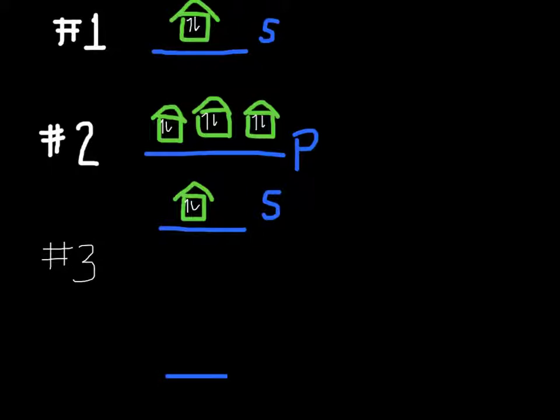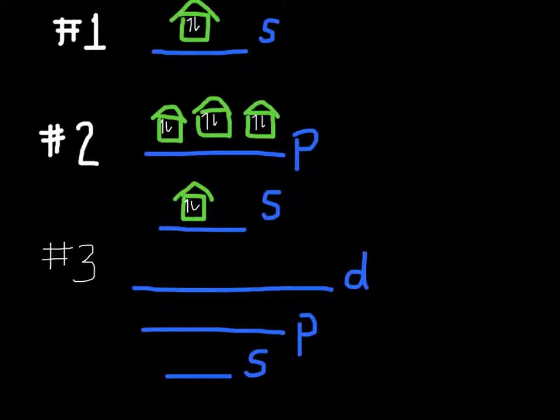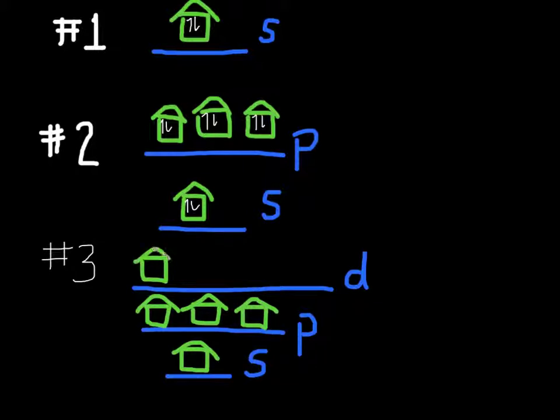So we have still S, P, and D. And just as before, S Street has 1 house. P Street has 3 houses. And D Street, do you remember? D Street has 5 houses.